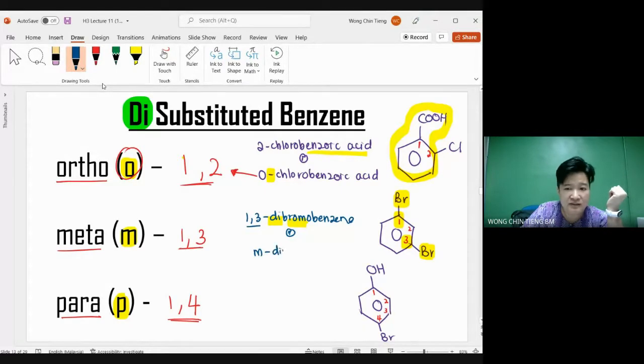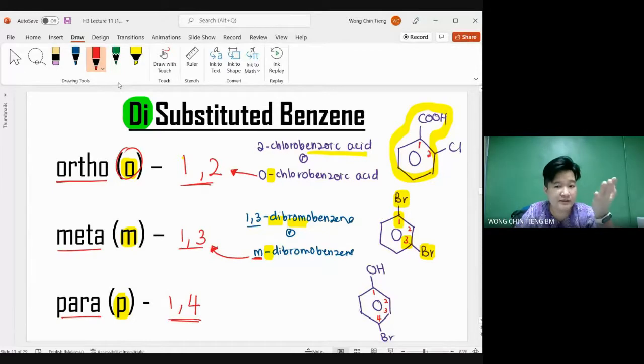M dash dibromobenzene. Okay. And why is the dash? The same story. Because the M over here represent position number 1,3. Sebab tu kita still guna dash. Walaupun kamu nampak mata kasar is alphabet dengan alphabet, tapi alphabet M ini melambangkan nombor.